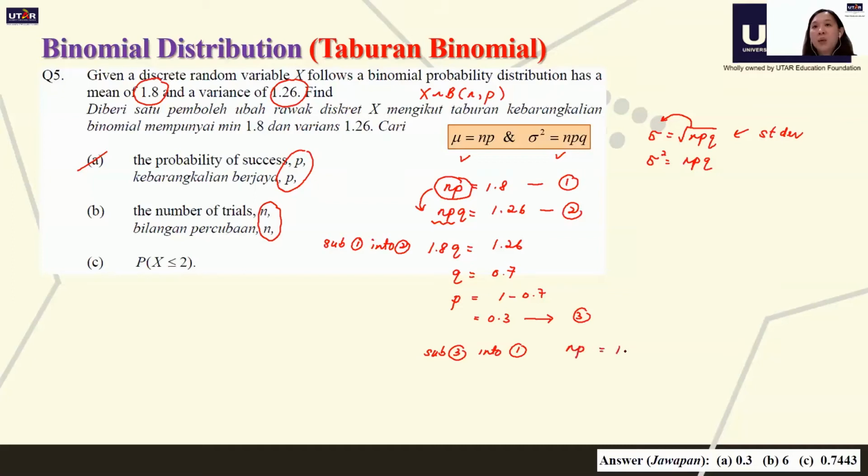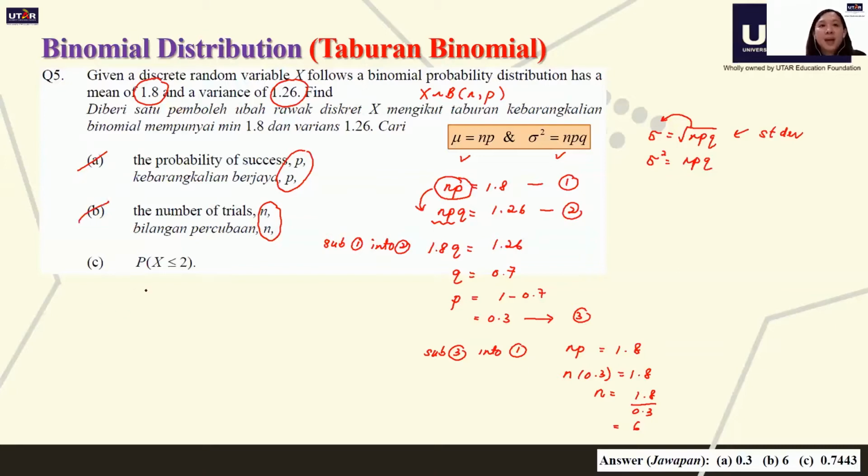NP as 1.8 will become N multiplied by 0.3 as 1.8. So my N will be 1.8 divided by 0.3, which is 6. Okay, so this is direct. You can find N easily using equation 1 only, right? So N is done, 6.